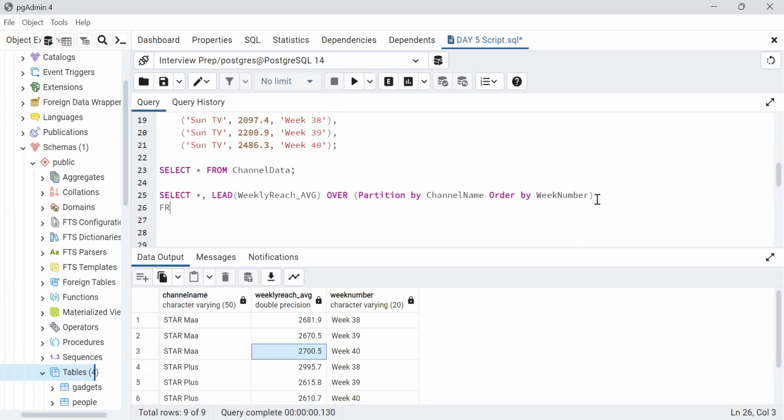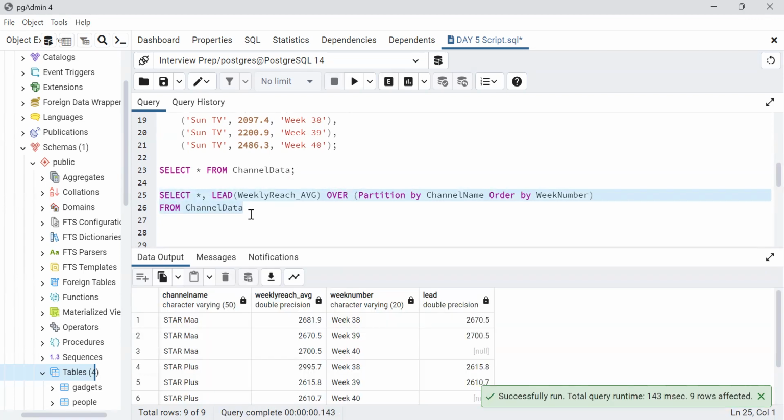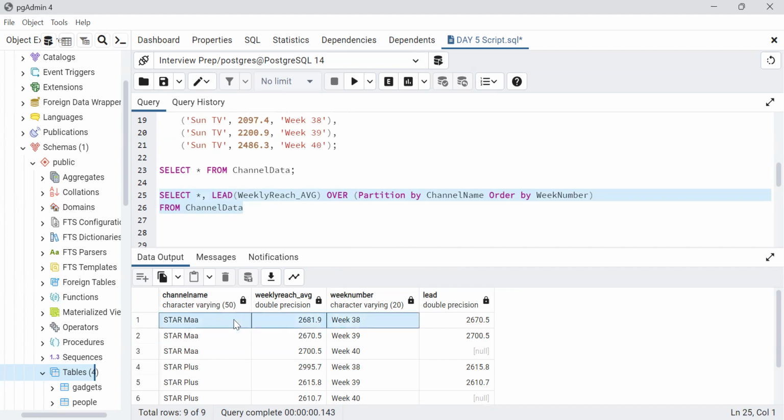Okay, great. Now let me just complete this piece of code and let us see what output this is going to give us for time being. Right in front of you, you can see on your screen, for star mark, the first row is 2681, which is for week 38, and against which we got week 39.